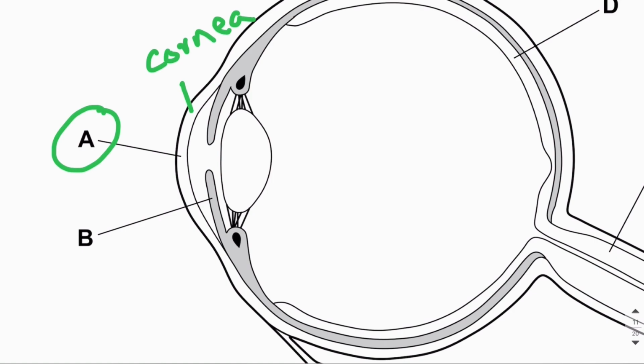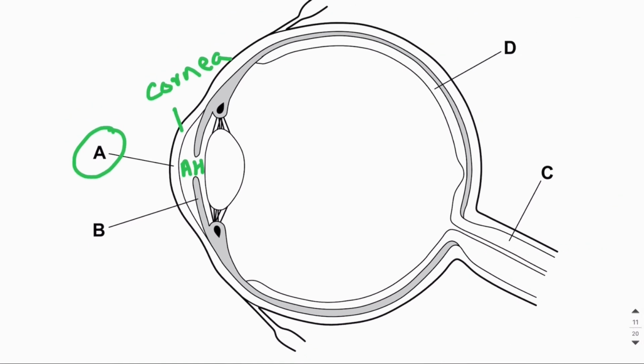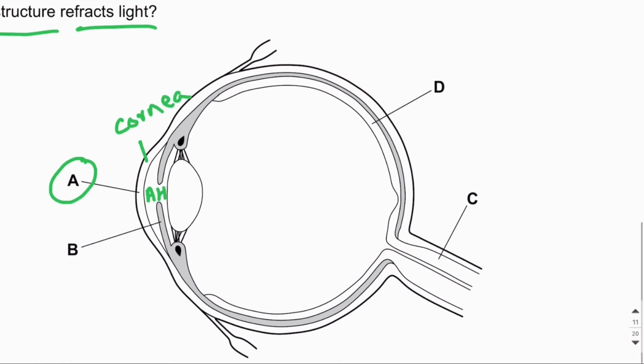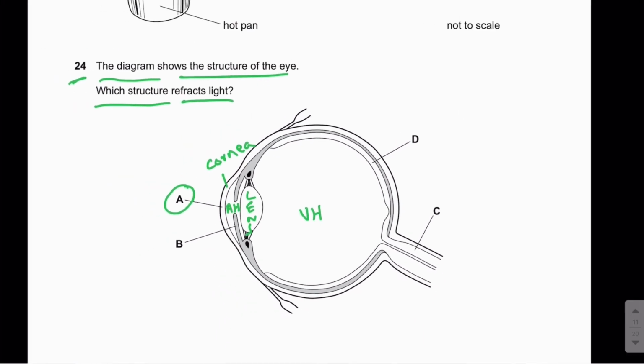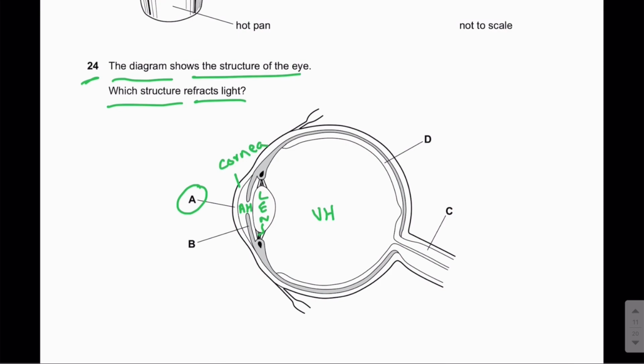Refraction is also carried out by the aqueous humor, which is a fluid in front of the lens, and refraction is also carried out by vitreous humor, which is the fluid behind the lens. This is the lens, right? So these are the structures: cornea, aqueous humor, vitreous humor.